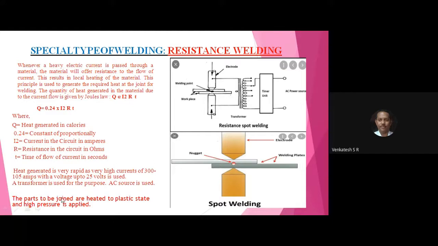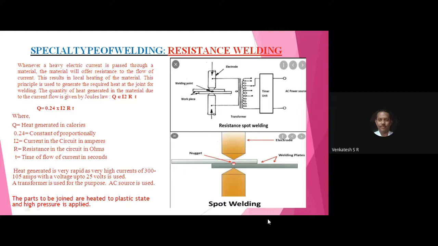And below that, write down: a current of 105 to 300 amps is used. 105 to 300 amps of current and a voltage of 25 volts, which create the resistance.